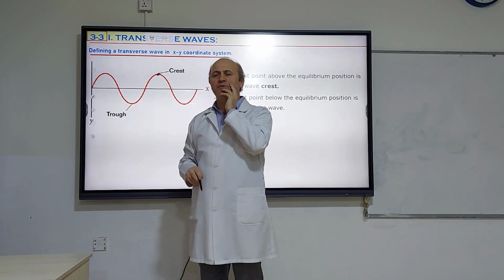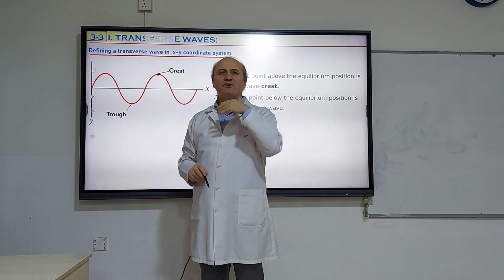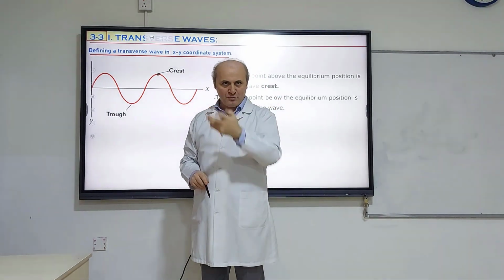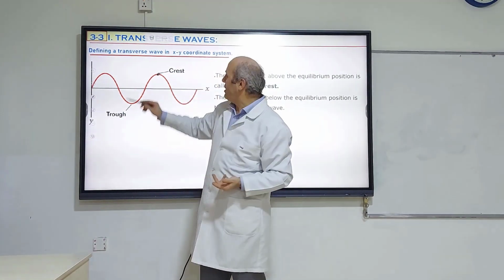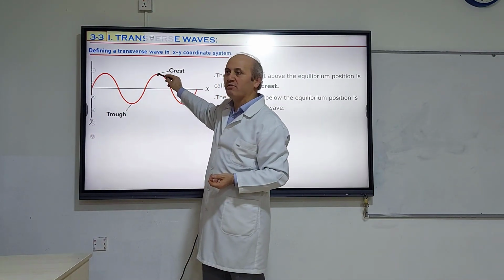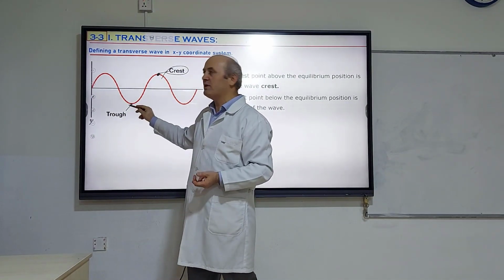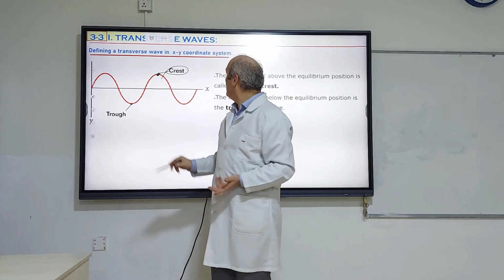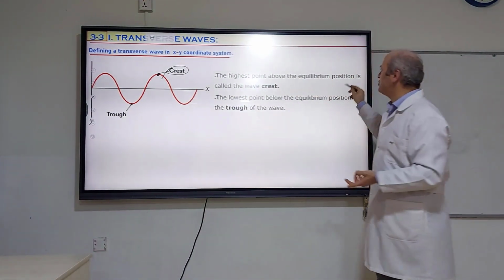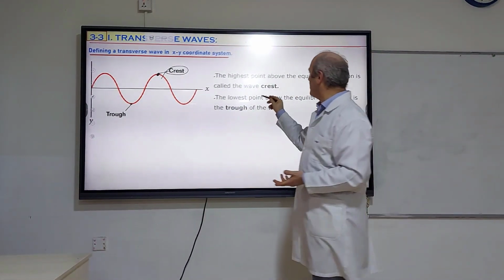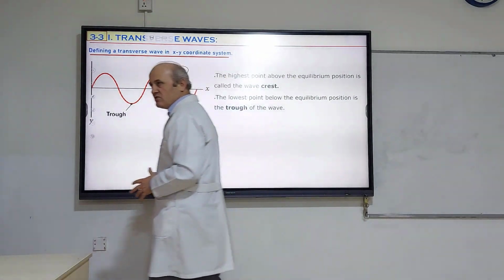Maybe you remember in chapter 3, section 4, this was defined as a maximum displacement point in one of the questions. The maximum displacement point above the equilibrium position is the crest. The maximum displacement point below the equilibrium position is the trough. So the highest point above the equilibrium position is called the crest, and the lowest point below the equilibrium position is called the trough of this wave.